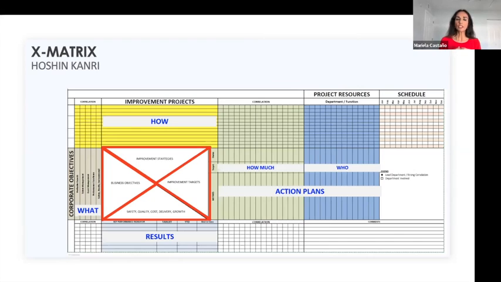The advantage is that the team, as a team, can identify what they are going to work on, when, who is responsible, and how these improvement activities are affecting each one of the organizational goals that the organization needs to reach. So it looks like a complicated tool, but it's actually a very fun tool to bring alignment to the organization.